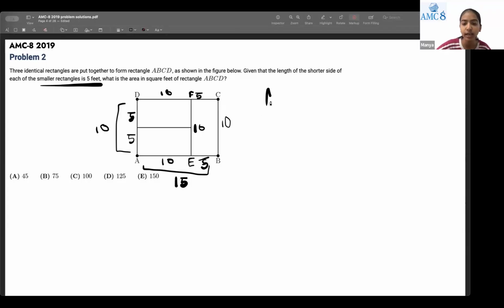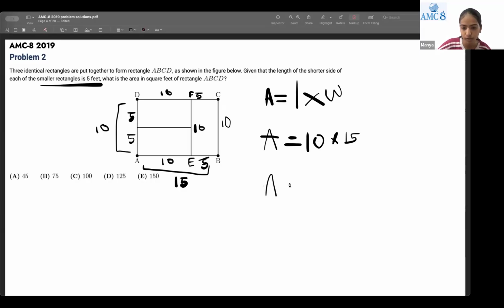Since we know that the area is equal to base times height, which is also length times width, L times W, we can do area equals 10 times 15, which is equal to 150. That's how we got our answer choice E.